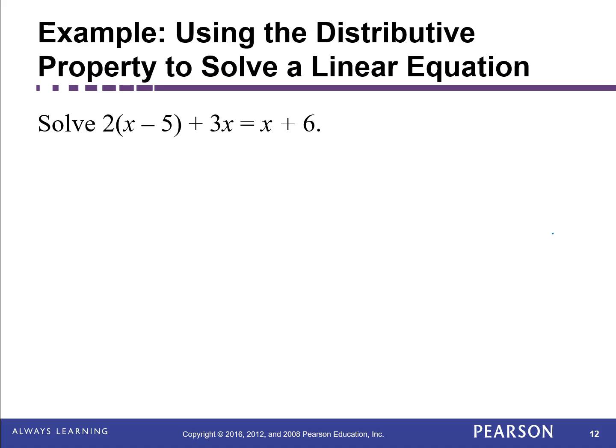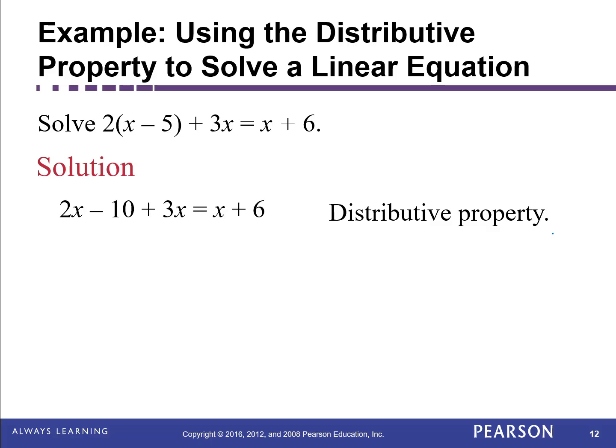So let's solve 2 times x minus 5 plus 3x equals x plus 6. First thing I'm going to want to do is simplify each side of the equation independently. So I'm going to use the distributive property to distribute this 2 to the x and the 2 to the negative 5.